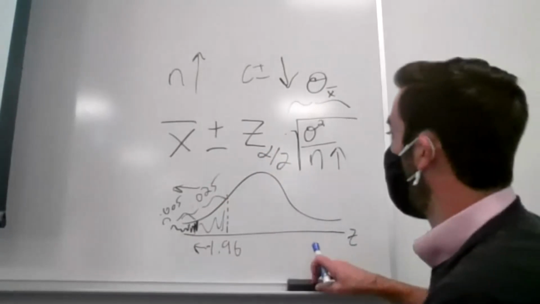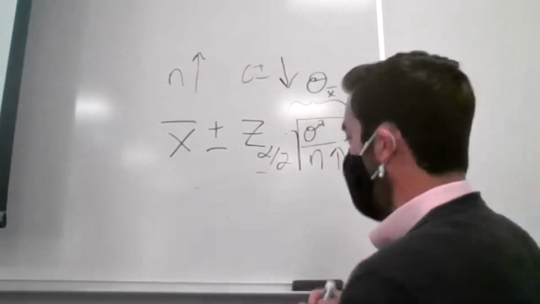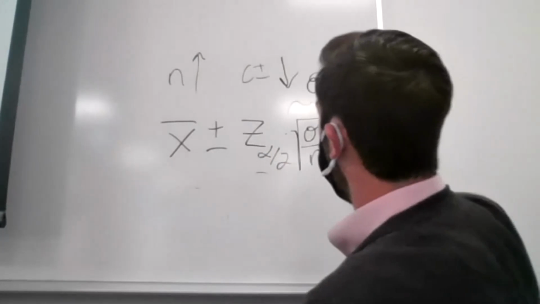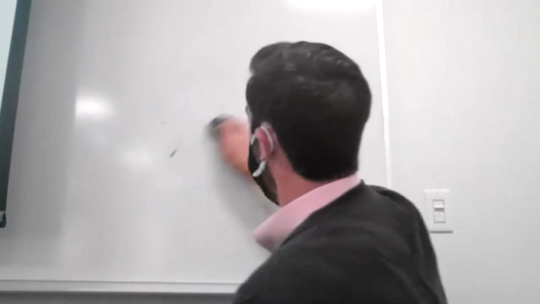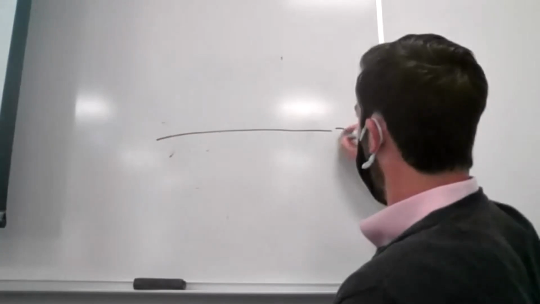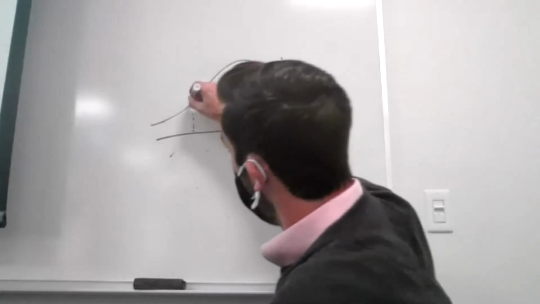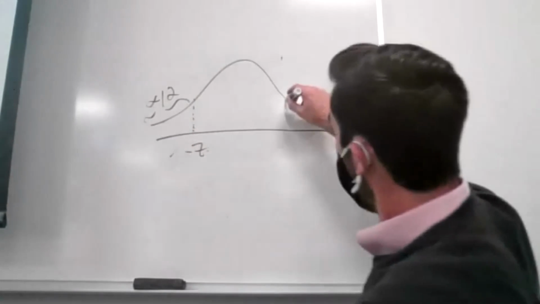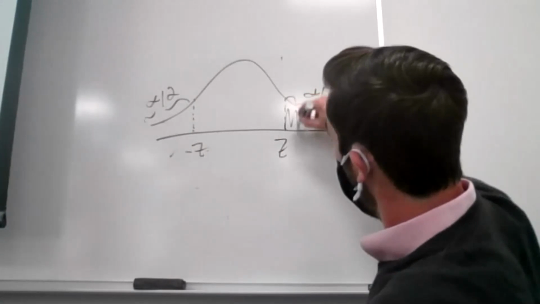What we were really wanting to do, oh, I grabbed the wrong marker. I'm going to get rid of this too so I can draw this up a little bit higher. What we were trying to do when we get that z-score is we want alpha over 2 on either side, right?